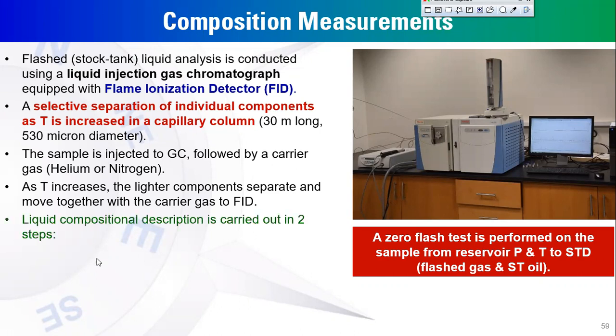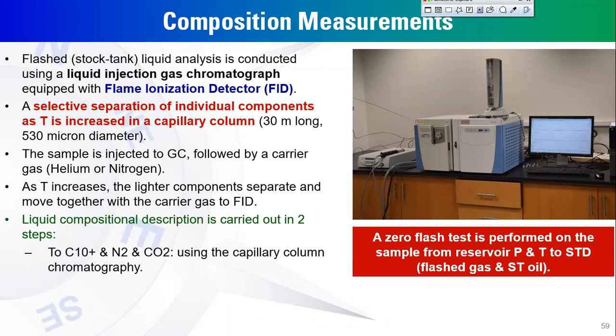Liquid composition is actually carried out in two steps. Up to C9, C10 plus, and other non-hydrocarbon compounds like nitrogen or CO2 are analyzed using the capillary column chromatograph, and for heavier compounds, we may use a mini distillation apparatus.